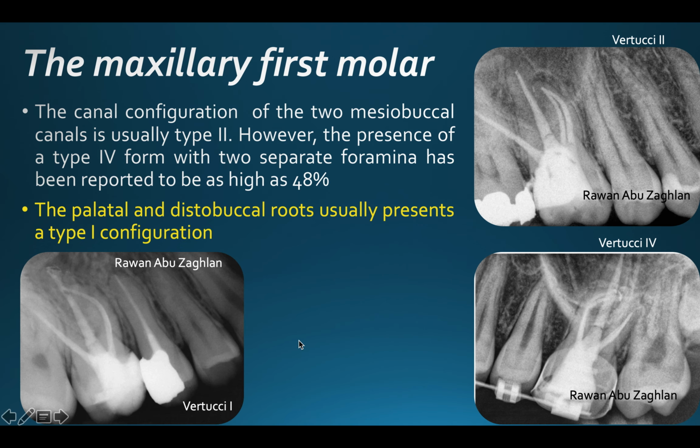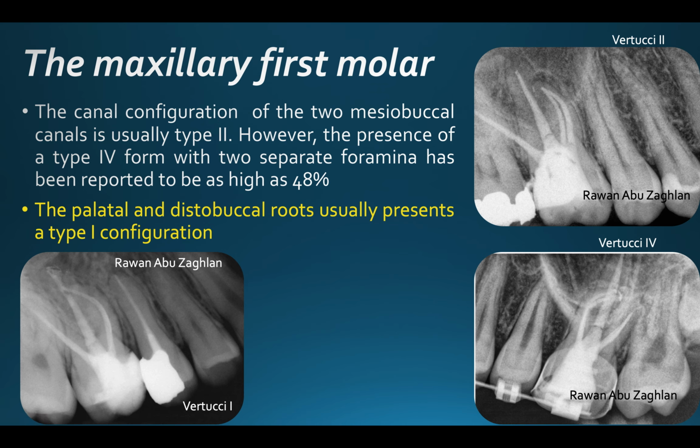If you look at the image on your right hand side, you can see that the 2 mesiobuccal canals exit the root surface in 2 separate apical foramina, and this is Vertucci 4. Or they can join just before exiting the mesiobuccal root in a single apical foramen, and this is Vertucci 2. Or, in a small percentage of the cases, you can find just 1 mesiobuccal canal, and this is Vertucci 1.